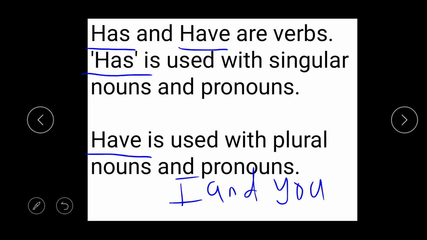We use have with I and you, except that we use has with singular nouns and pronouns, and have with plural nouns and pronouns. I and you take the verb have.